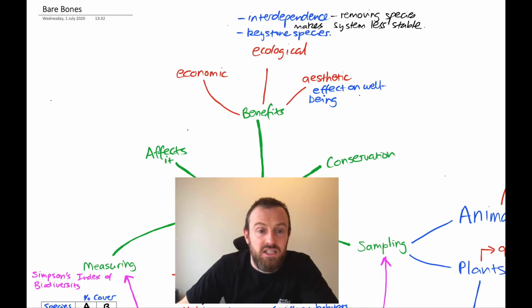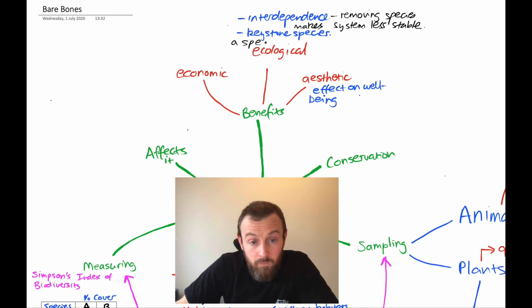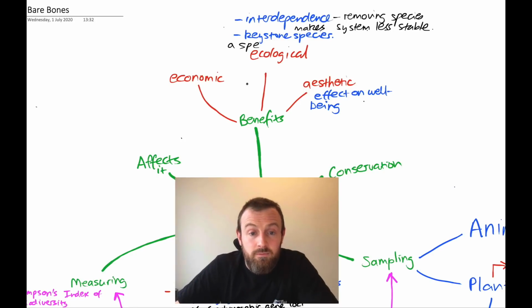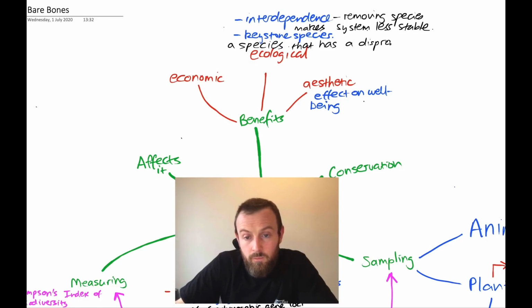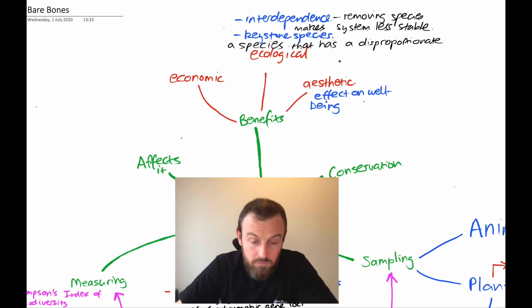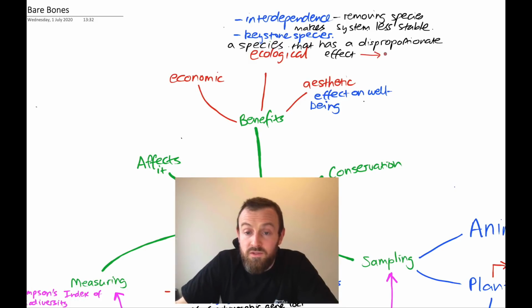A keystone species is, let's define it, a species that has a disproportionate effect. And let's look at two examples just to elaborate. Wolves in Yellowstone.